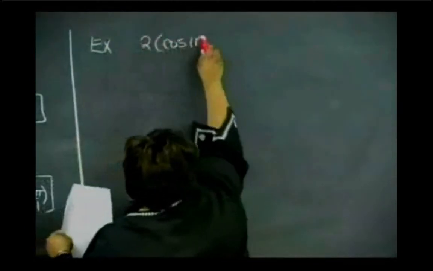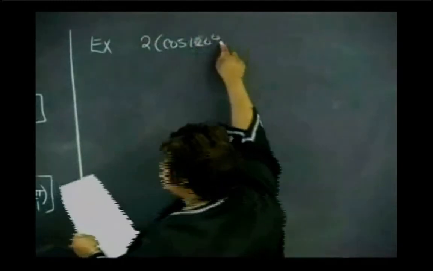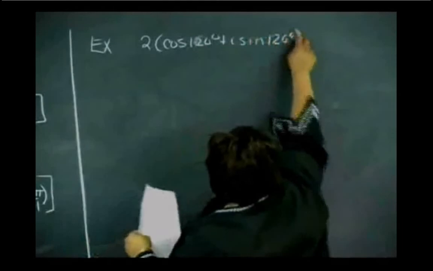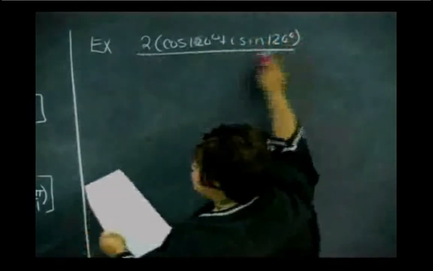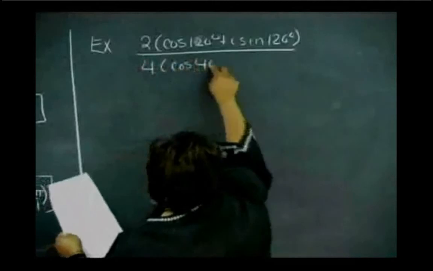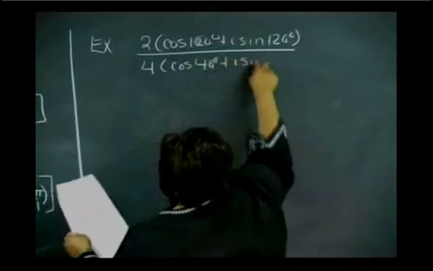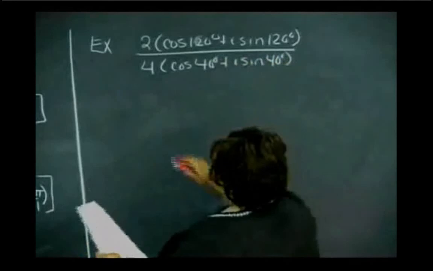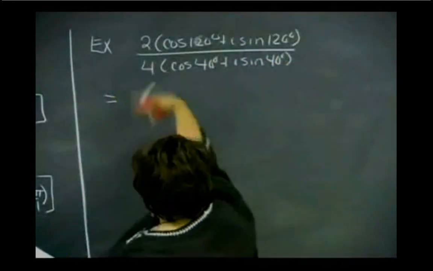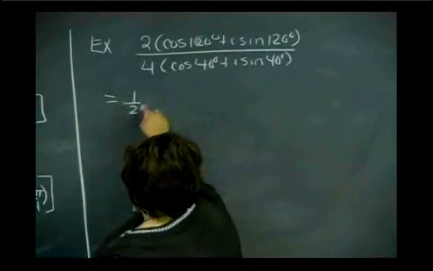How do we divide? Suppose we have 2 (cosine 120 degrees plus I sine 120 degrees) divided by 4 (cosine 40 degrees plus I sine 40 degrees). Well, we divide our constants. 2 divided by 4 is 1/2.